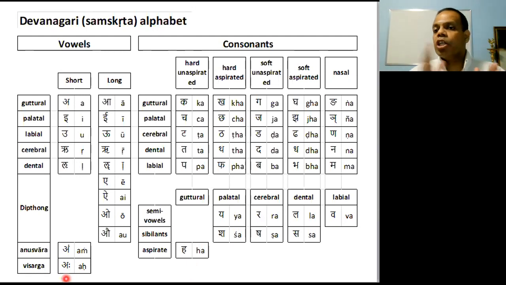Because in the counting of matras, when you say ha, it has a count, whereas this visarga has no count. Visarga means you let out the air. Visarjana means you just let go of the air. So generally it should be a tapering of air itself.